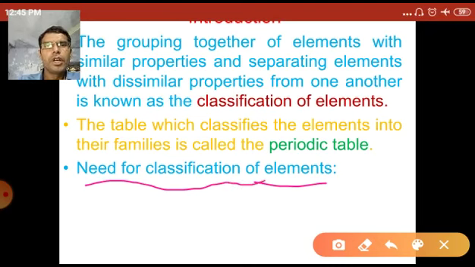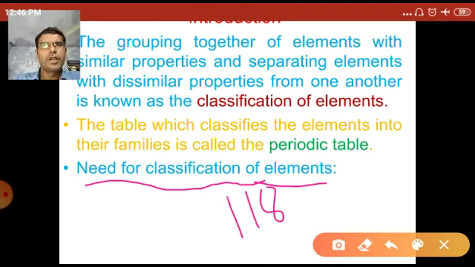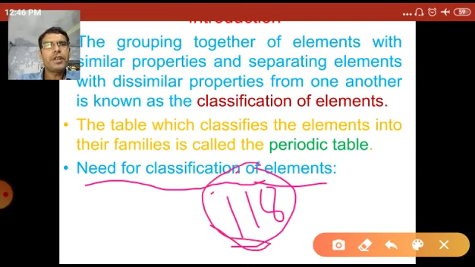As you know, more than 118 elements have been discovered by chemists, and millions of compounds of the elements have also been discovered. So it is very difficult for an individual person to memorize the details about all the physical and chemical properties of the elements and their compounds.